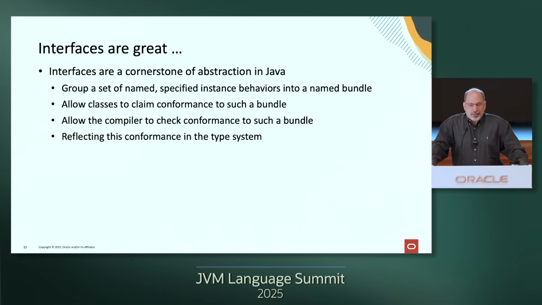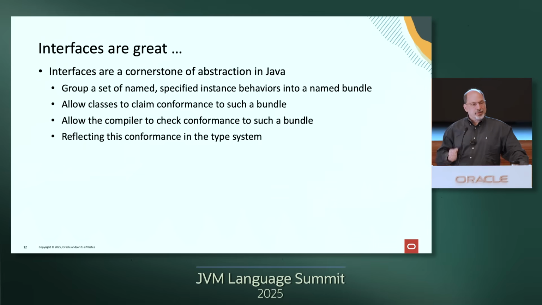But let's talk about what's great about interfaces, because interfaces are the cornerstone of abstraction in Java. What they do is they take a set of named behaviors and group them together into a named bundle. And that's important. Names matter, right? Java is primarily a nominal language for good reason. They allow a class to say, I conform to this bundle of behaviors.